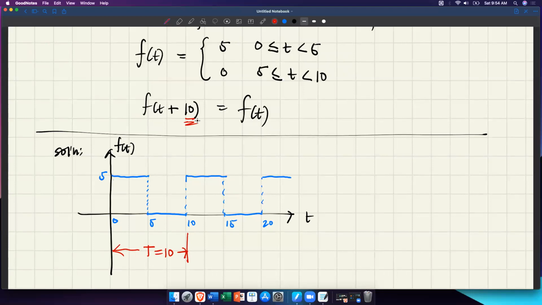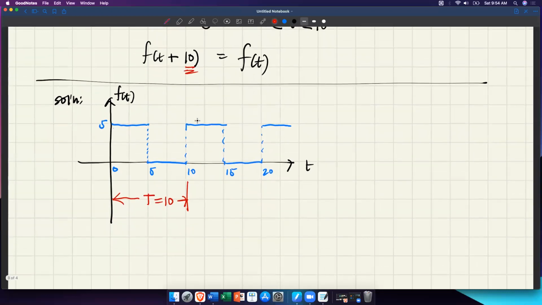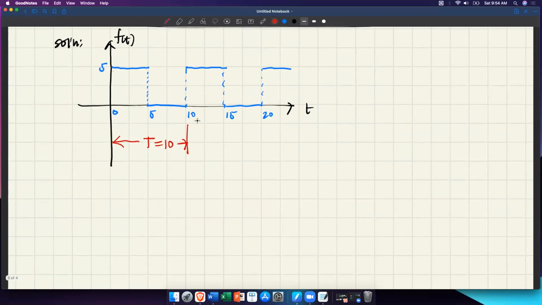Now here comes the good part of the topic, which is to take the Laplace transform of the given function. So by definition, this is the definition.